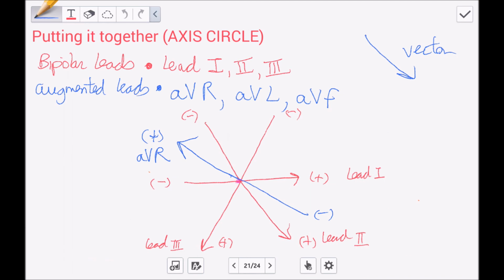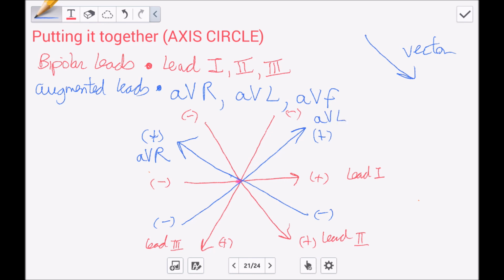So that means that AVL goes like this, right? Because this is perpendicular to lead 2 over here. It's 90 degrees to that. So we have negative here, positive here, and this is AVL.